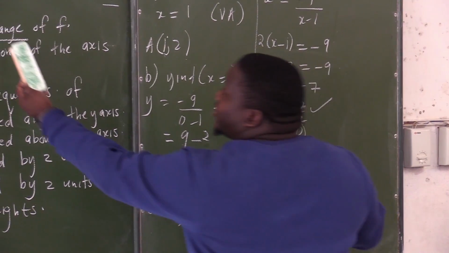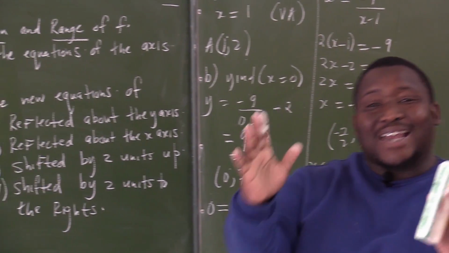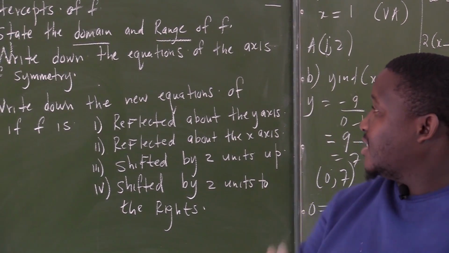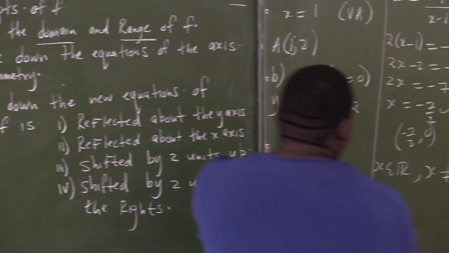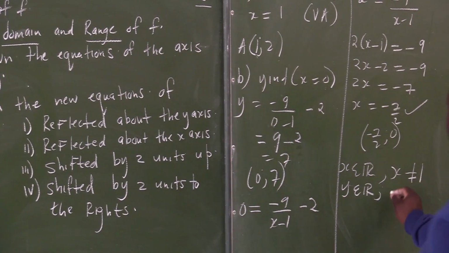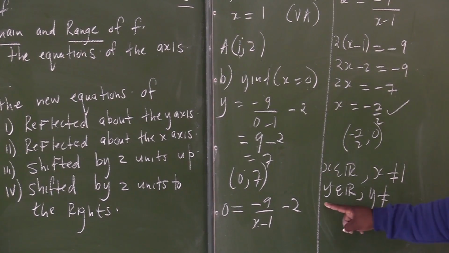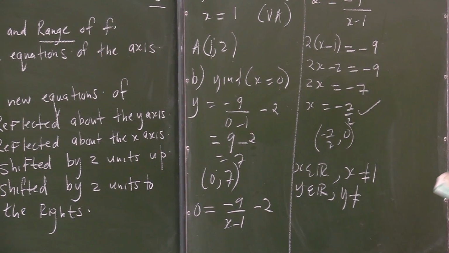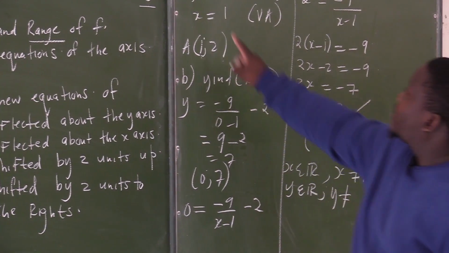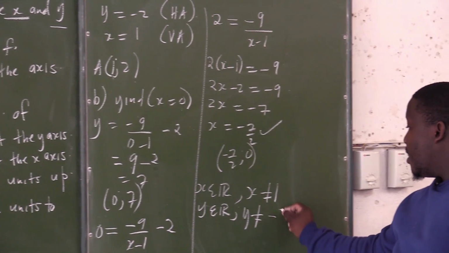Remember, the range is a set of all values of y for which the graph is defined, for which the graph exists. It means what is going to be my range? We say y is an element of real numbers, but y must not be equal to the asymptote. Which asymptote am I referring to now? The horizontal asymptote. What is my horizontal asymptote? It's negative 2. So y is not equal to negative 2.